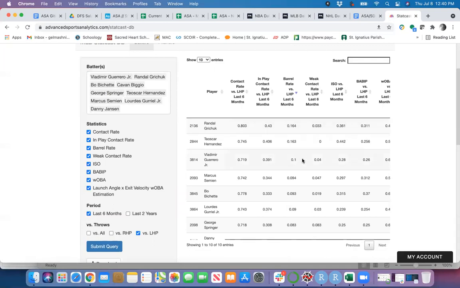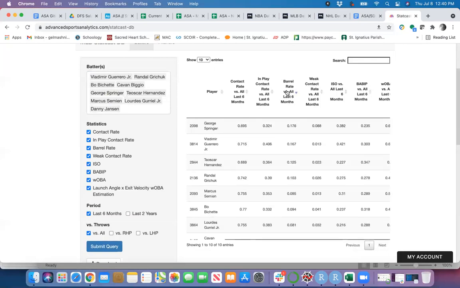I mean, Guerrero obviously is a beast. Semien's been having quite the year. If you just want to do it for all, you see that Springer then jumps to the top of the list there. Perhaps that could be a decent stack with Springer, Guerrero, Hernandez, and Grichuk.